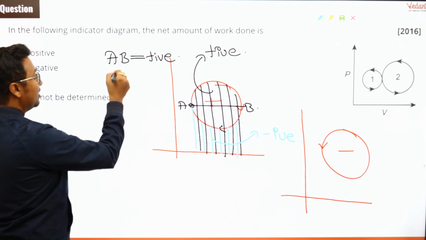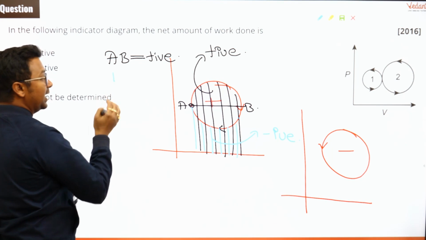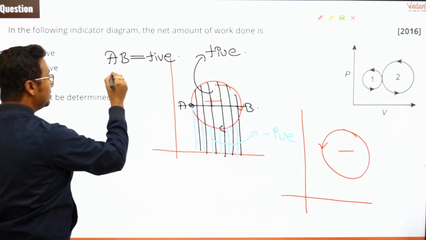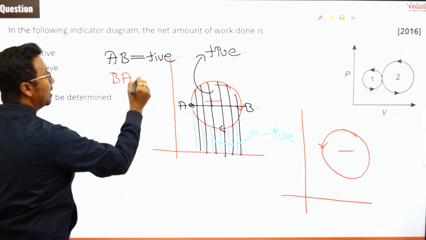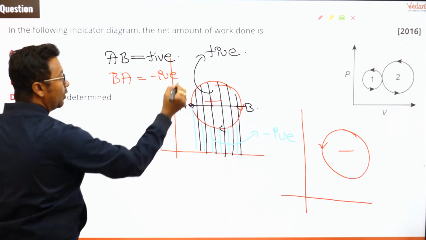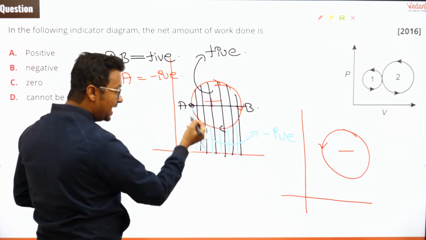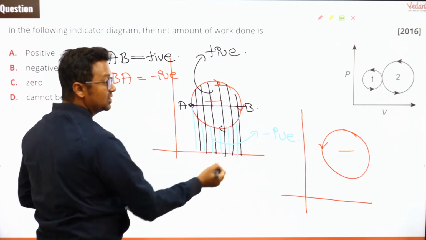So overall, during B to A, the work done is negative. Now the area under AB is larger than the area of this blue section.